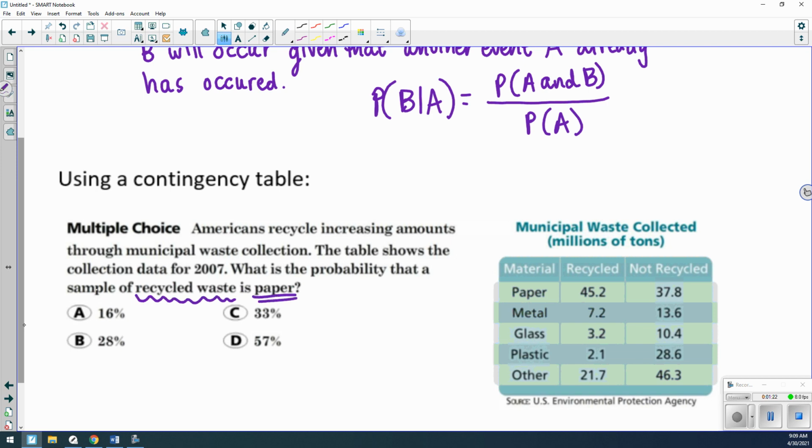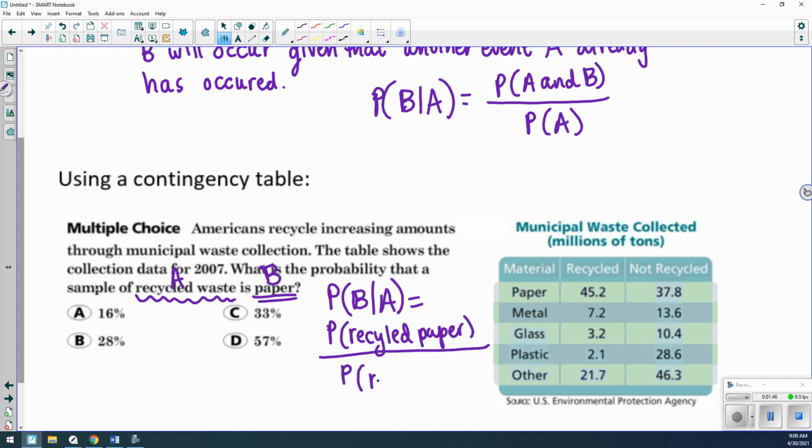Okay, so technically what we have here is that our paper is recycled. So we're going to think of this as the probability of paper being recycled. So using our formula, we're going to have the probability of recycled paper, and then we'll divide that by the probability of just recycled materials altogether.